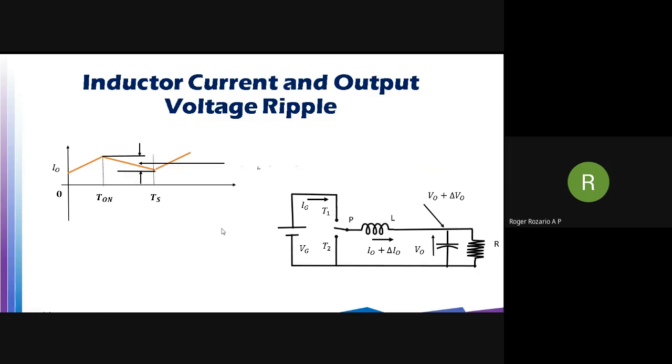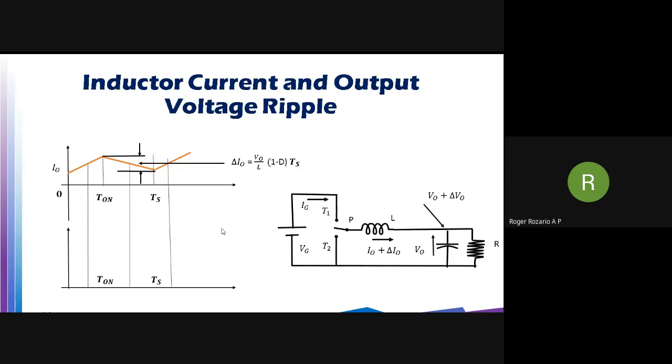The ripple we call del I naught, and we derived del I naught as V naught by L into (1 minus D) into Ts. We even normalized this ripple current as del I naught by I naught, and we found some expression. We will take this inductor waveform and find out the amount of ripple present in the output voltage V0.